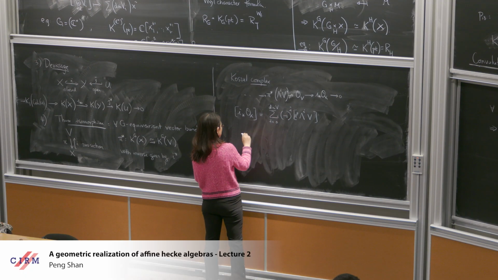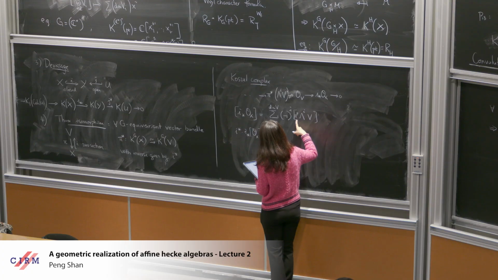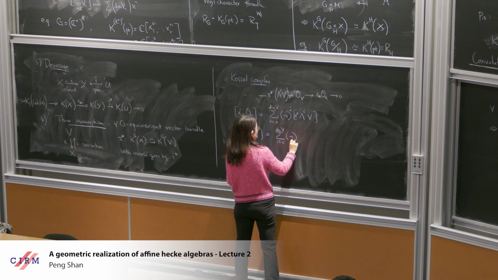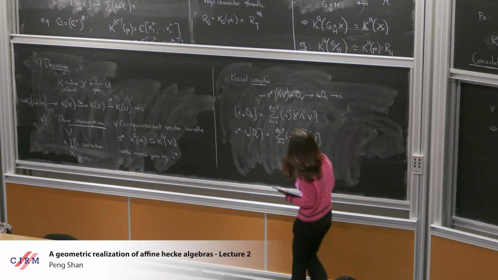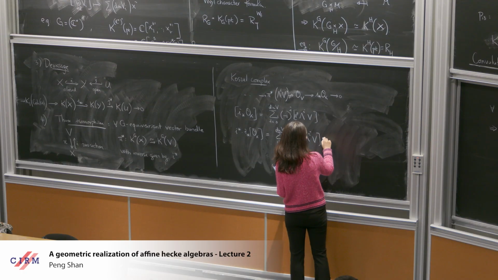Right, so then if I take I upper star of I lower star of this OX, I upper star is inverse to pi upper star, so this will just be the sum of i equals 0 to dimension V of lambda i of V. So this is the Euler class of this vector bundle.